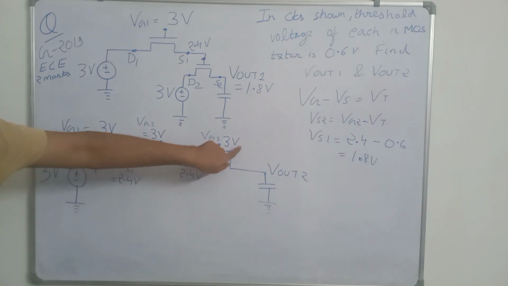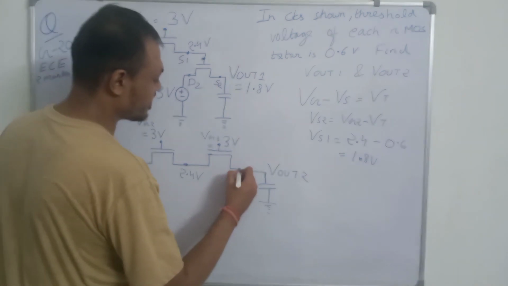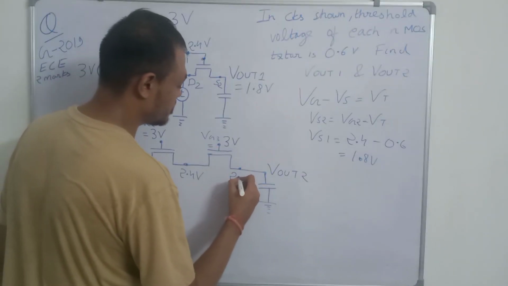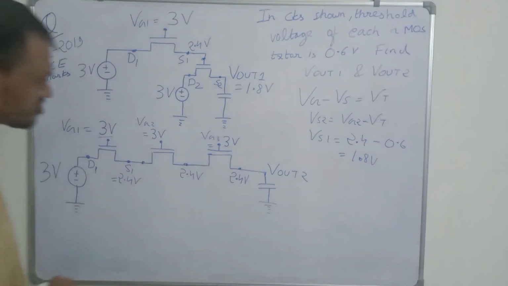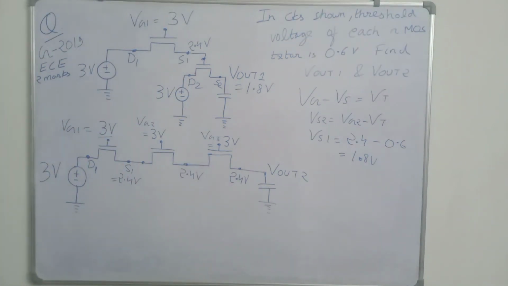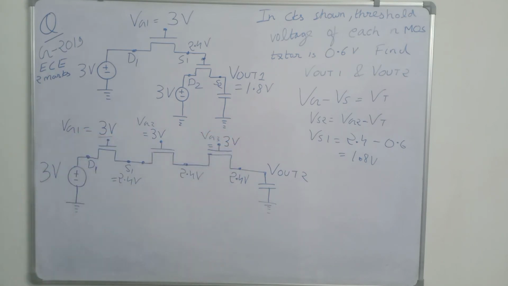So again this voltage Vg3 is given. So 3 minus 0.6, so again 2.4 volt. Because this is 3 volt, and if we subtract 0.6 volt, because this is the gate terminal, if we subtract the threshold voltage, then we directly get 2.4 volt.